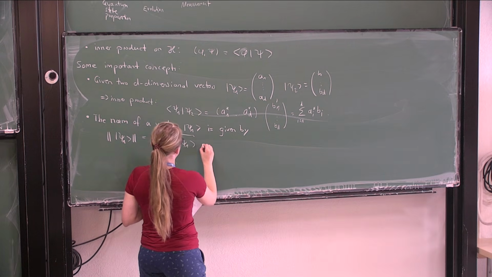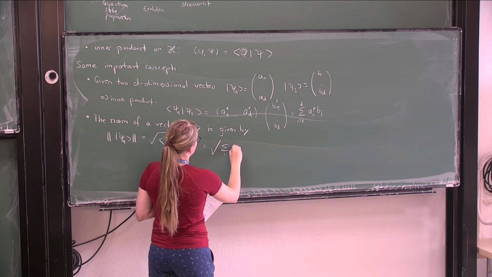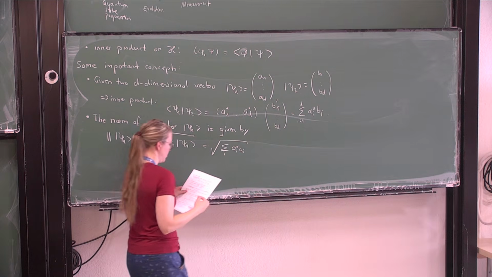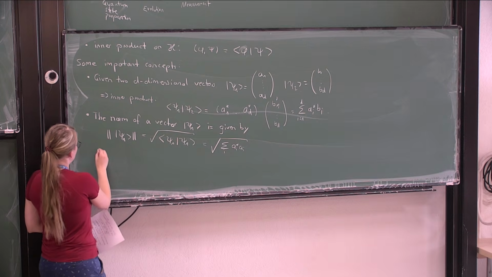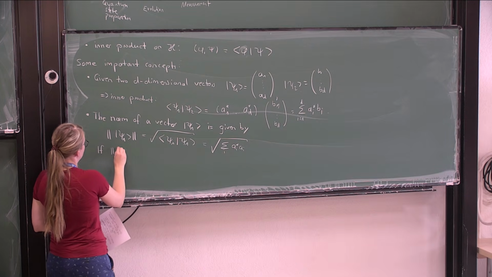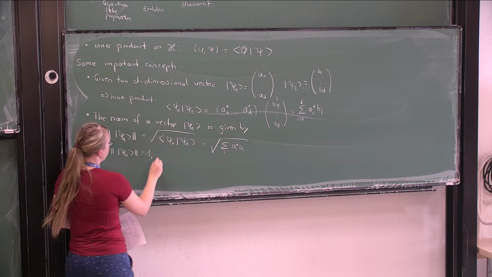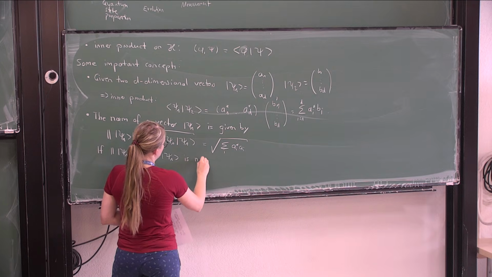So we calculate that. If the norm is 1, then we say that the vector psi 1 is normalized.